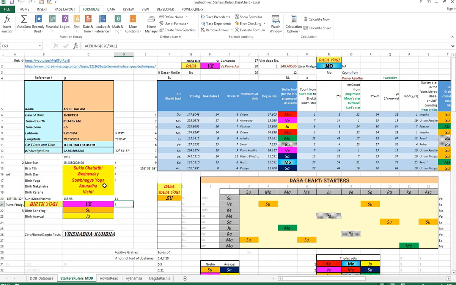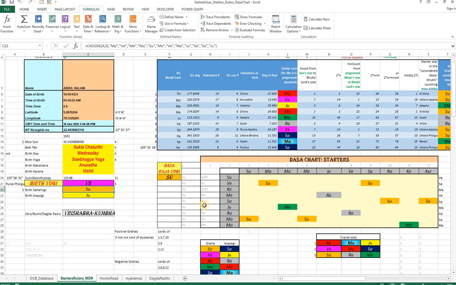And this is an important factor, which is useful in finding out what is called the birth yogi. There's a planet associated with each yoga, and that is determining the birth yogi. So depending on what this number is, it will pull out the planet. For Abdul Kalam, Venus happens to be the birth yogi, and there is a Sahayogi, which is Surya, also a good planet for him.